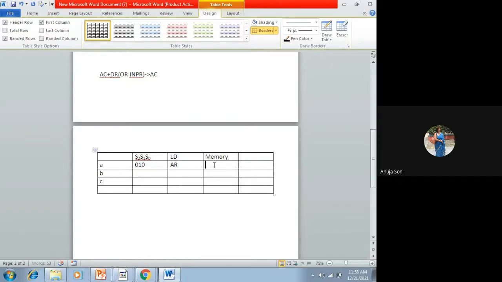No. Then you can write down blank. And is any adder circuit? Not in this part. So you can mention as no. So this is the answer of your very first question.